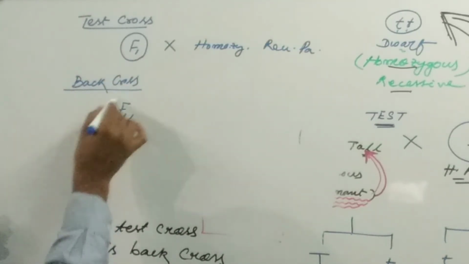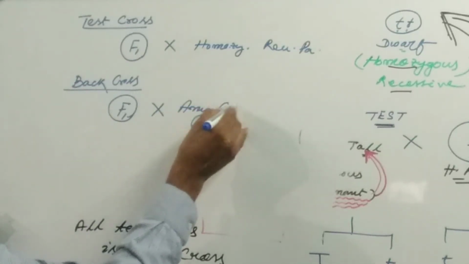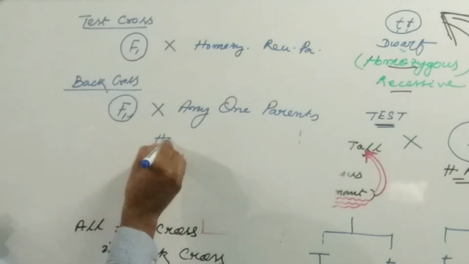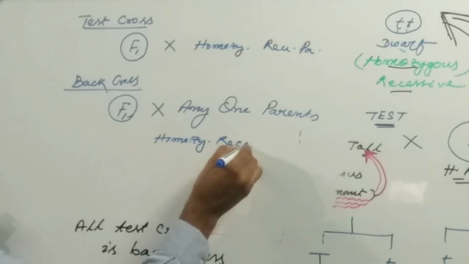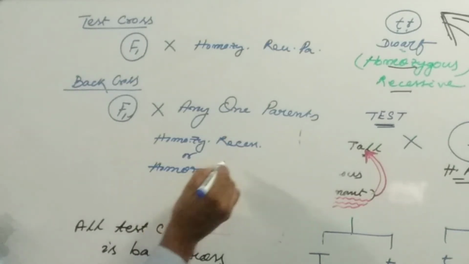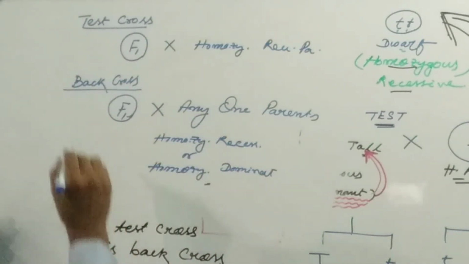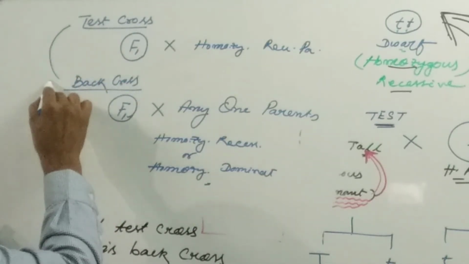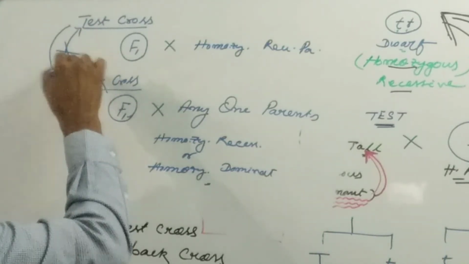It is the cross between the F1 offspring and any one parent. It may be homozygous recessive or homozygous dominant. This is known as the back cross. So all test crosses are back crosses, but all back crosses are not test crosses.